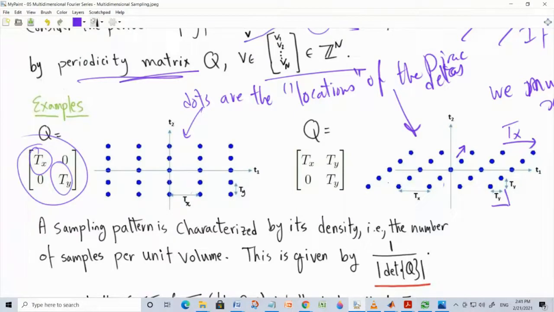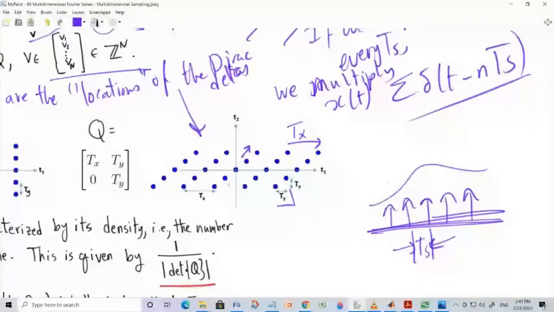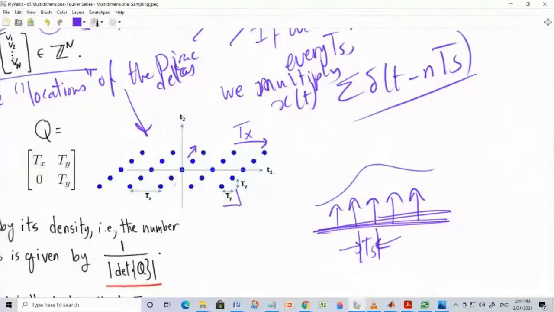And of course, in two dimensions, this will be unit area. In one dimension, we ask this question, how many samples per unit time? It is 1 over TS. If you sample every TS, then the rate of sampling is Fs equal to 1 over TS samples per unit time.